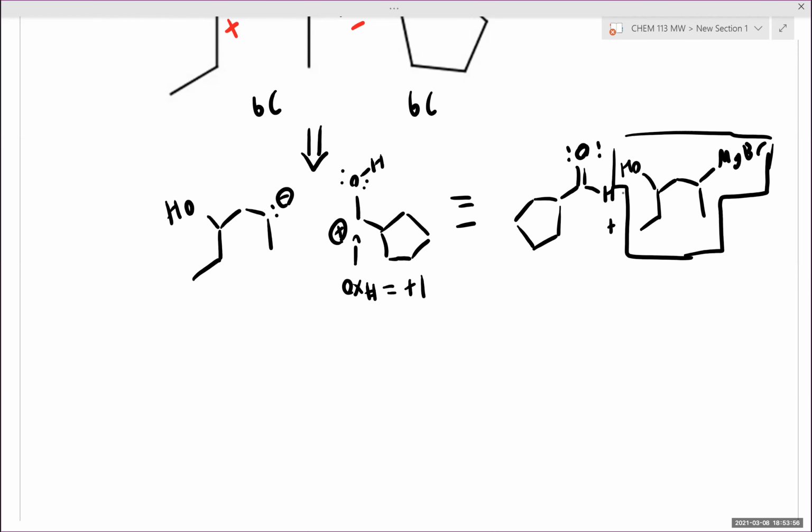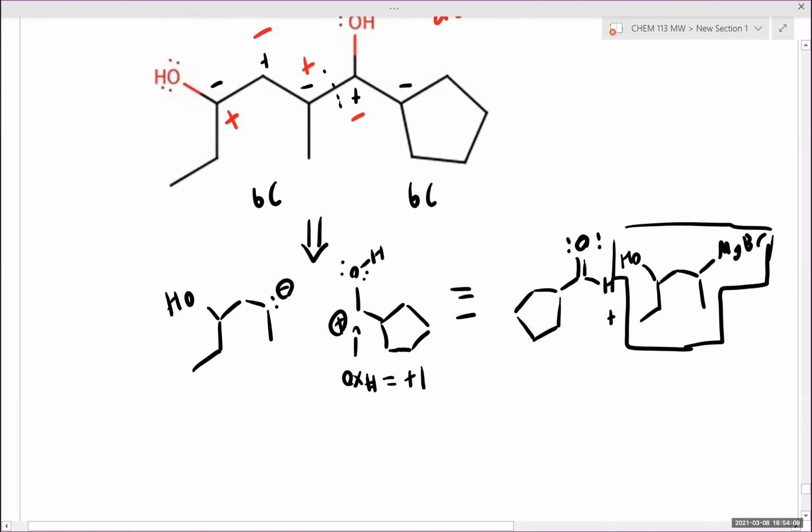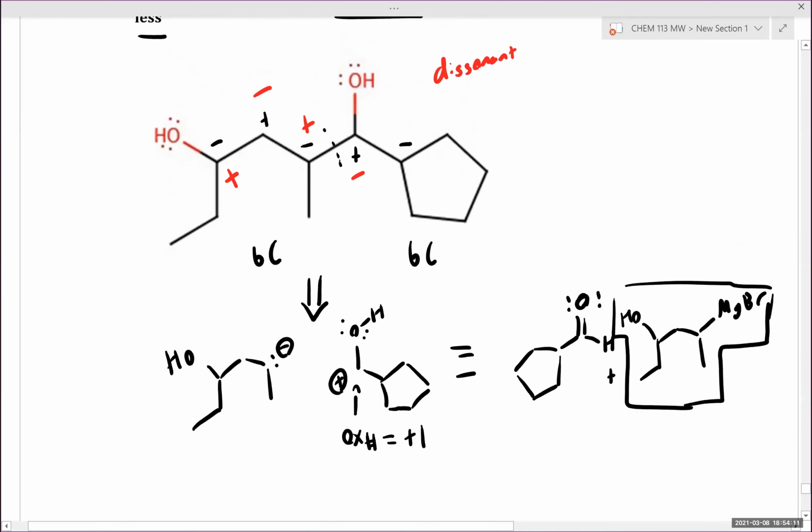Is there a tool that we have to mask our alcohol functionality? We can protect it. Exactly right.